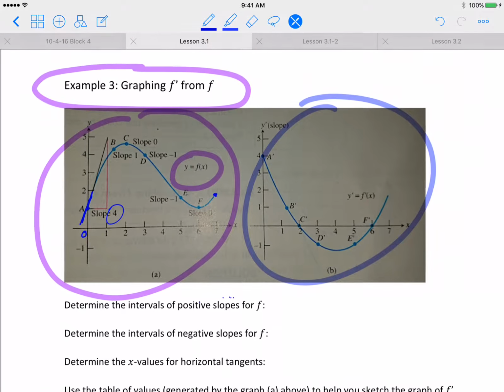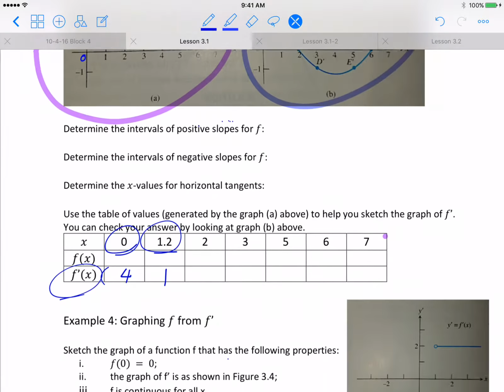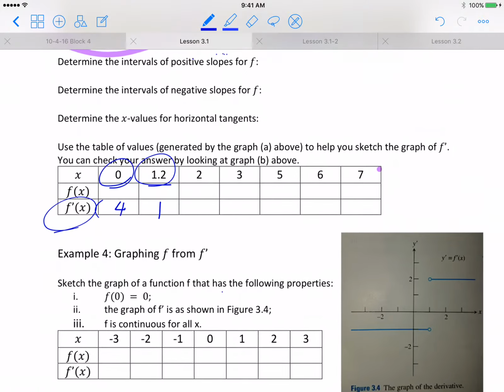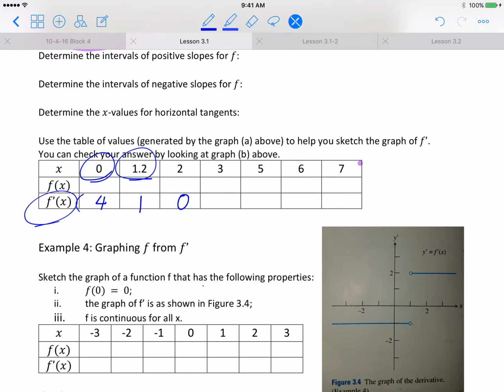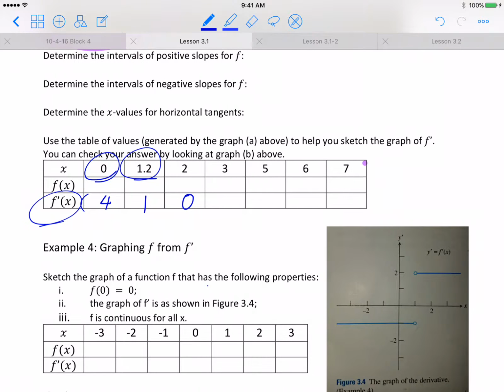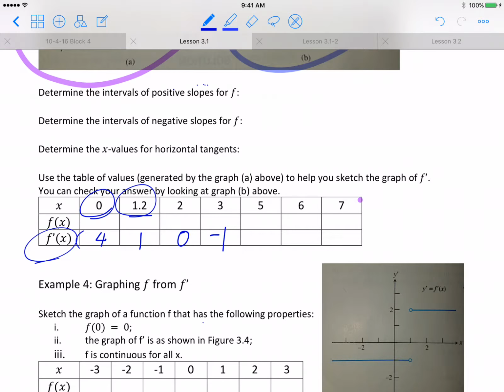When x equals 2, that appears to be point C on the graph, your slope is 0. Repeating this process, when x equals 3, your slope is negative 1, so that means f prime of 3 is negative 1. When x equals 5, your slope is negative 1 again. So not much has changed between x equals 3 and x equals 5.